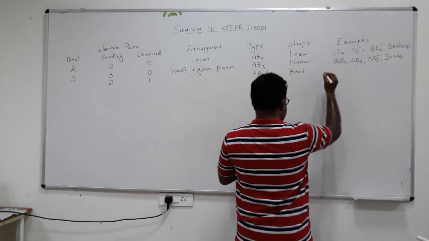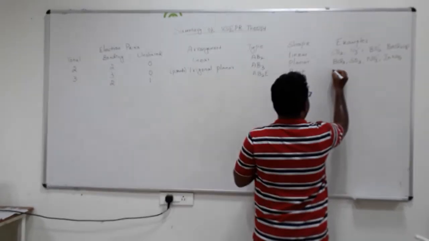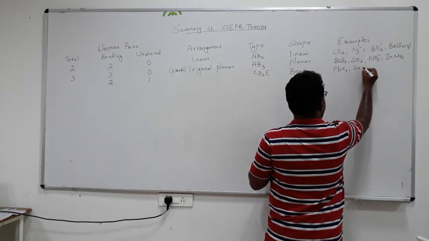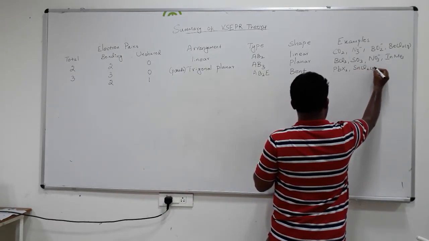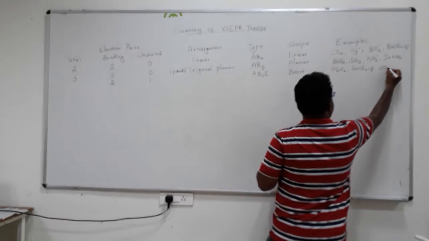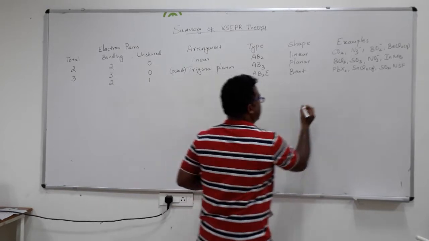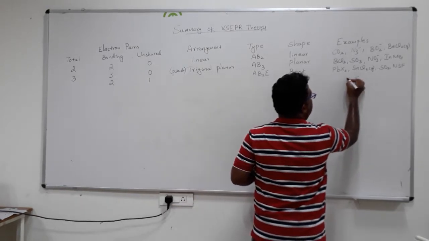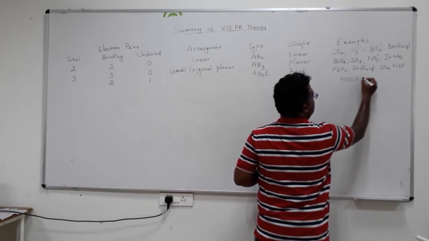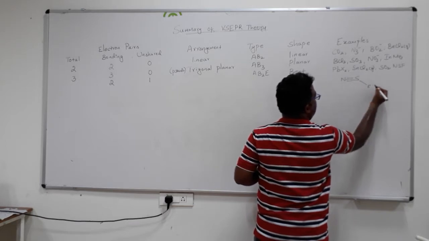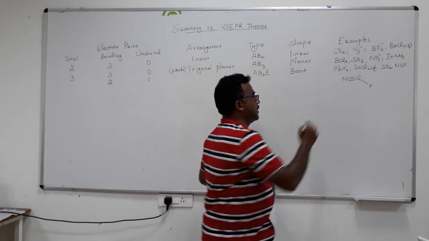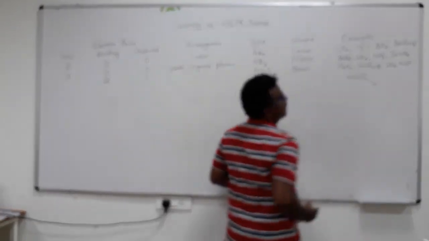Examples of such molecules are lead halides, stannous chloride in gaseous state, sulfur dioxide, and NSF, which is S triple bond N F. It has 1 unpaired electron.